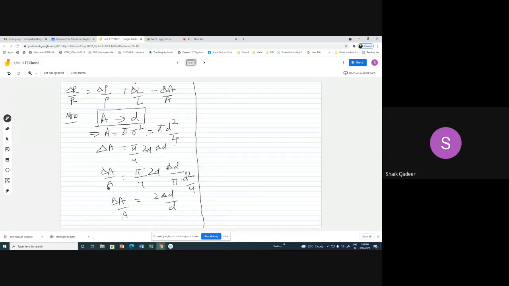Then we divide by A. Finally, delta A by A will be this one. Substitute this in the above equation. Is it okay? Is it clear to everybody?